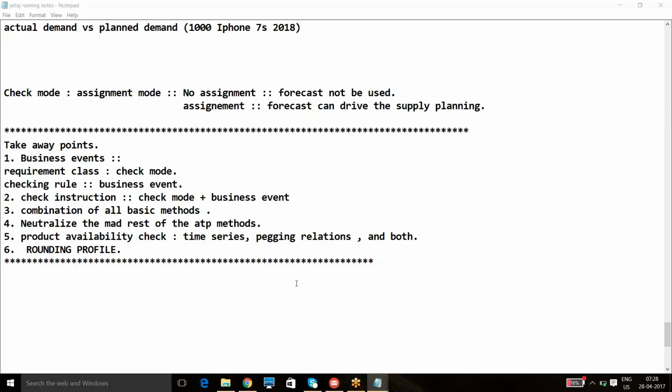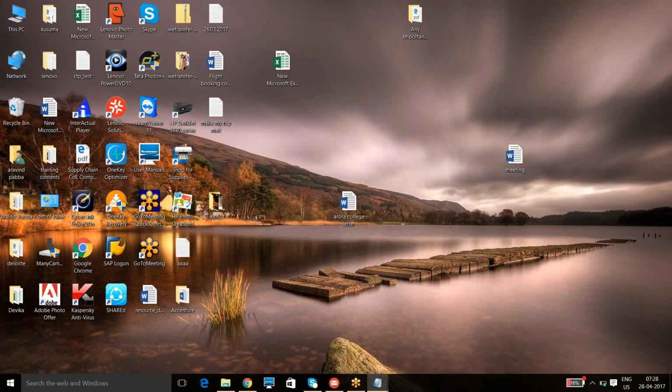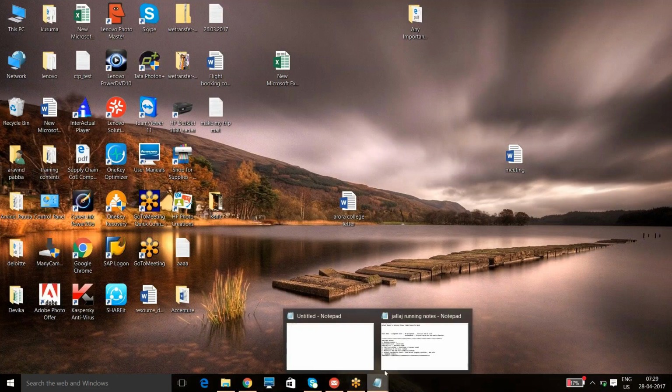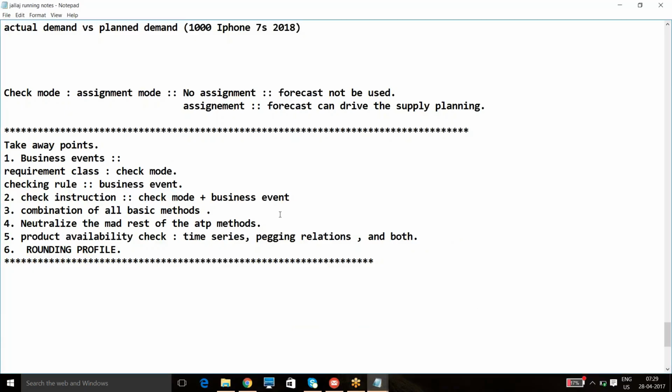I was confused, so if you could explain the F1 help, that would help me. And second, the pegging relationship in the product availability check, the priority check using the pegging relationship.